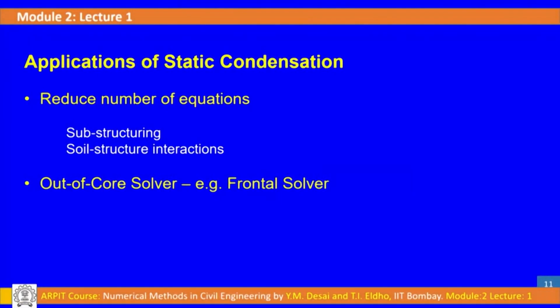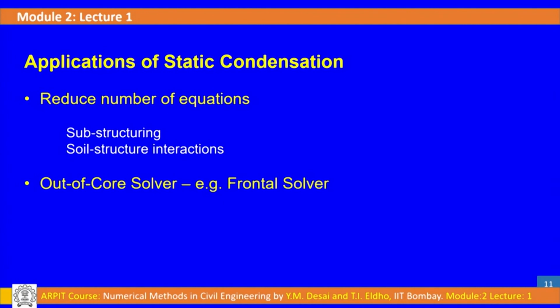As we discussed, the first and foremost application is to reduce the number of equations, and this concept we use quite extensively in finite element method when we talk about substructuring. And one classical case of substructuring is soil structure interaction.